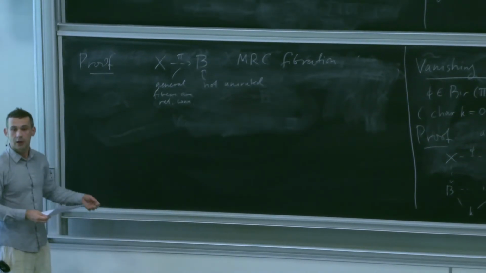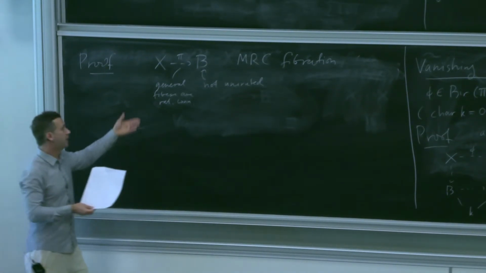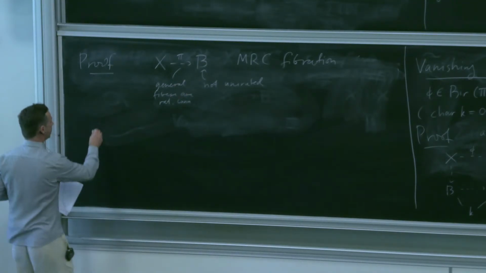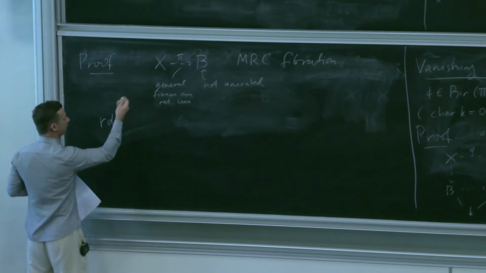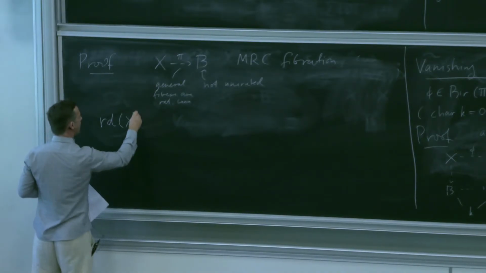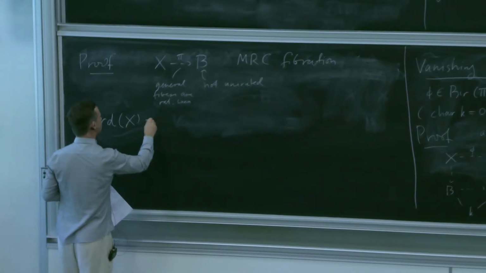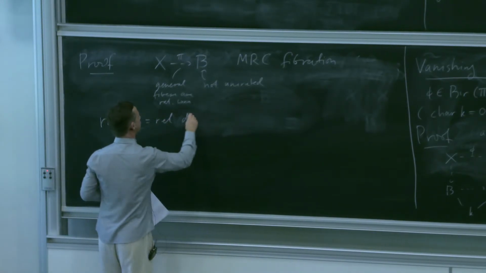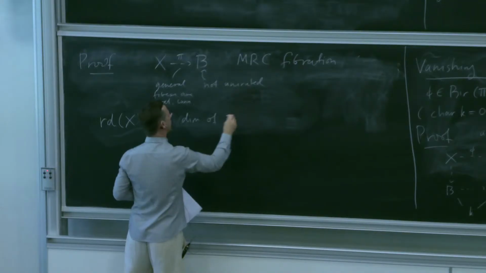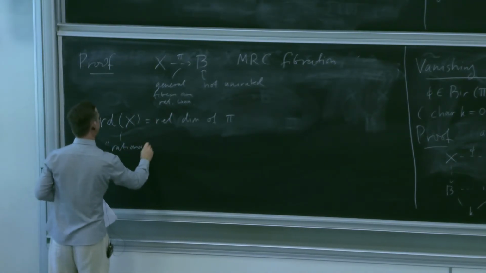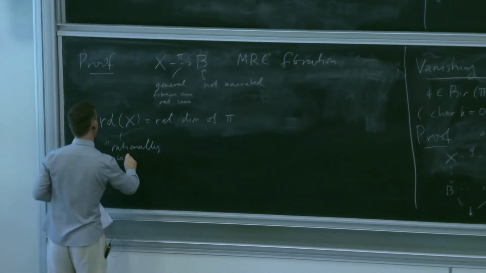And so all varieties split into categories according to this MRC fibration, and Harris calls the relative dimension of pi the rational dimension, or rationally connected dimension.